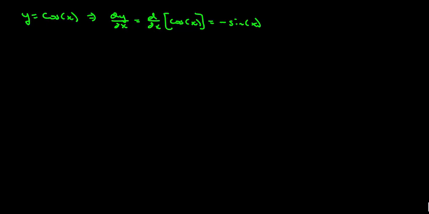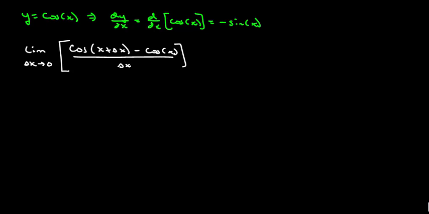So we'll go through that process again. The definition of the derivative is the limit as some variable we'll call delta x goes to 0 of, this time it's going to be cosine because that's our function, so it's going to be cosine of x plus delta x minus cosine x over delta x, like that.